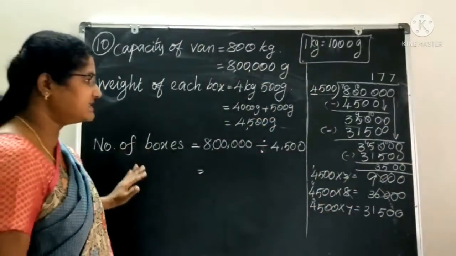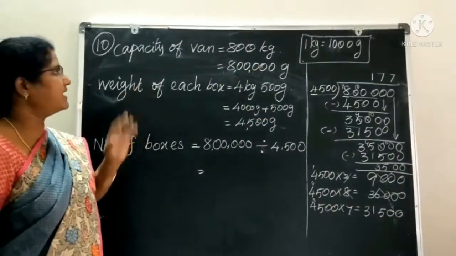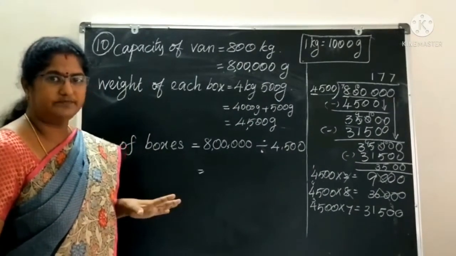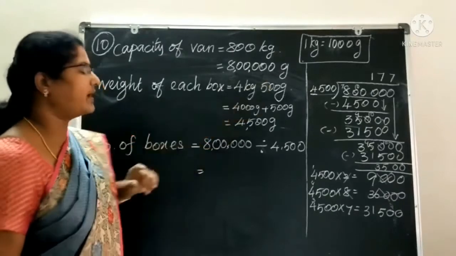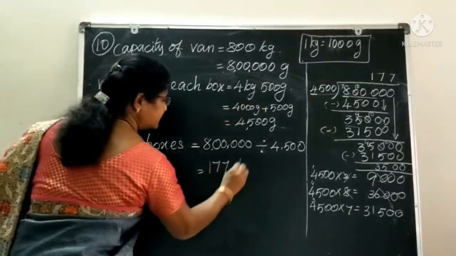Okay. Now in this van of capacity 800 kg, we can load 177 boxes.